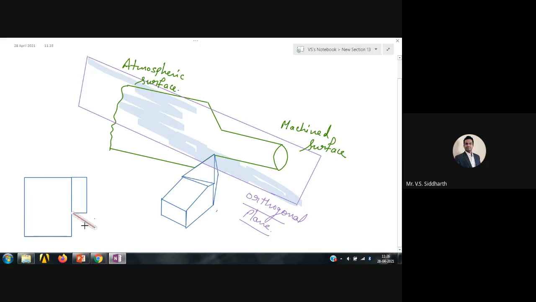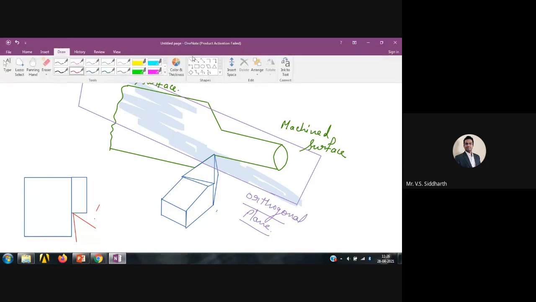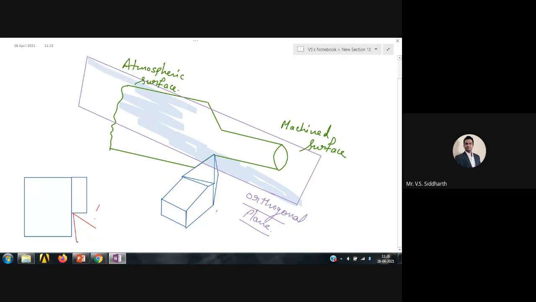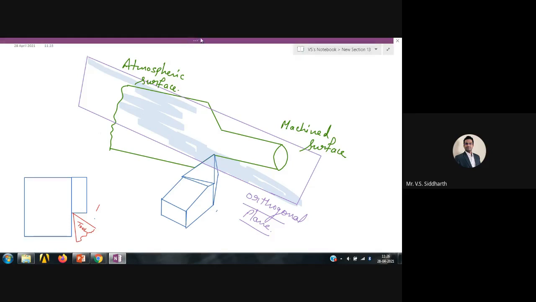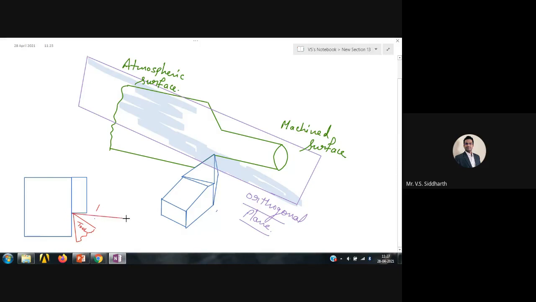You will be seeing something like this. This is the tool. Okay. This is the reference plane.